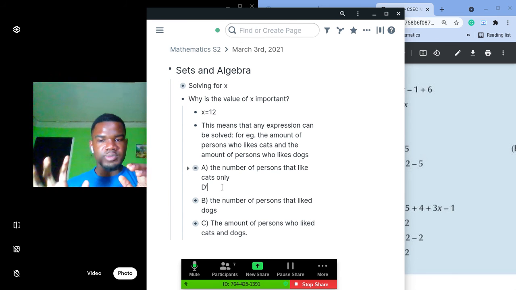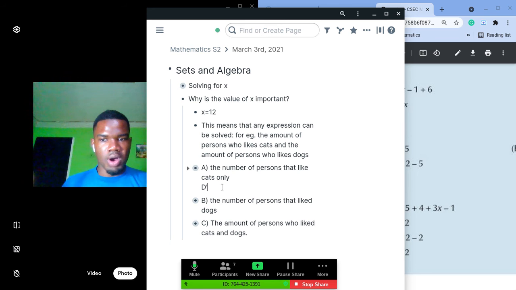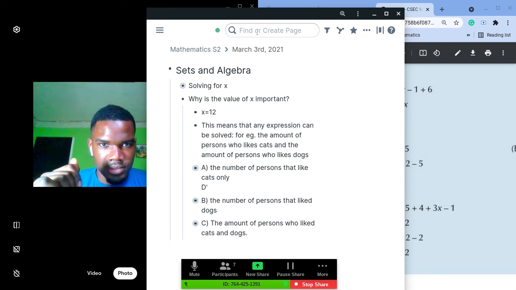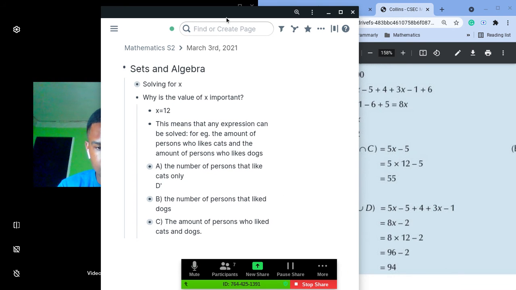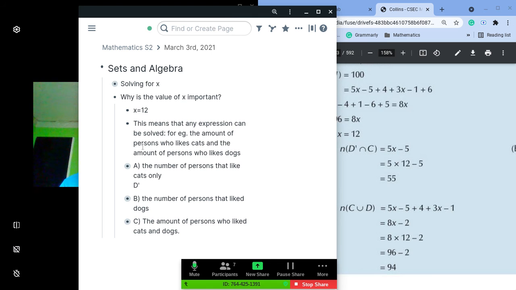Right. This means everything else but dogs. Wait, no, that's wrong because 6 is there too. Right. We're not finished with the expression. So it's D complement. Here we go. So we're going to put the number of members in the set of D complement intersecting C.